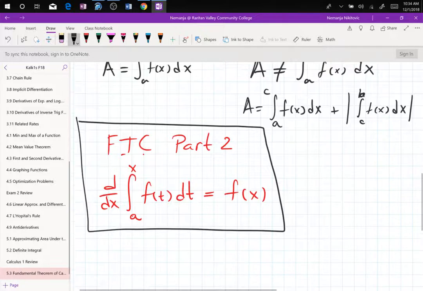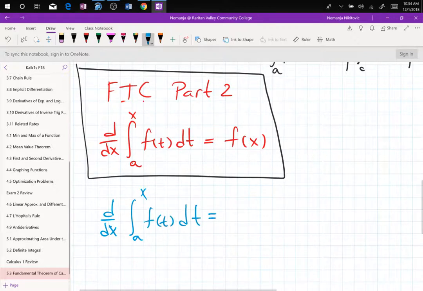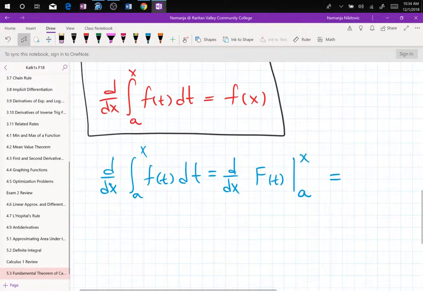Now it's very easy to show that. Let's go blue. The derivative of the integral, using part 1, is just going to be any antiderivative of f computed from value a to value x. So all I did is I integrated and I got this capital F. Now it's capital F of x minus capital F of a.